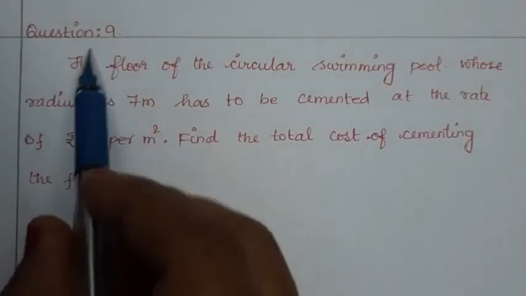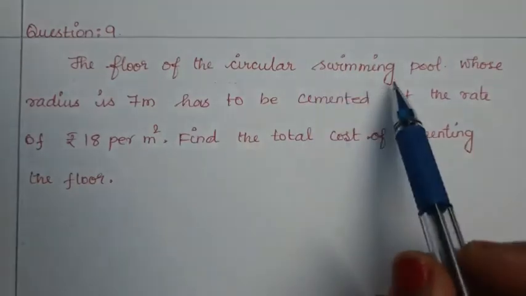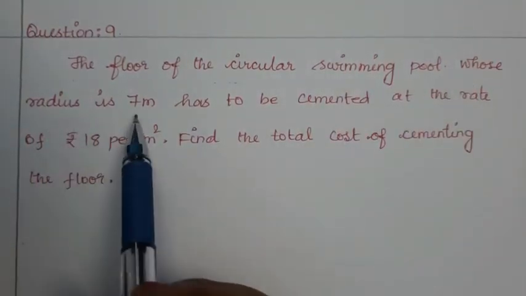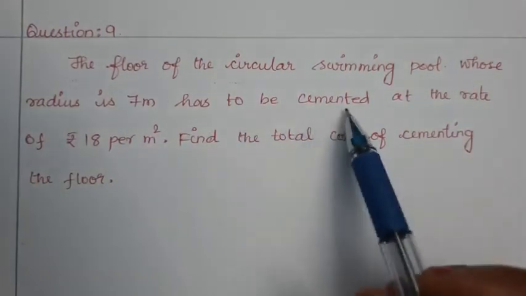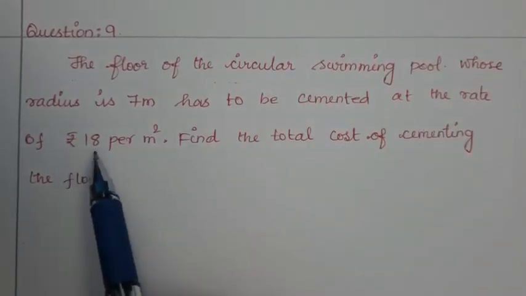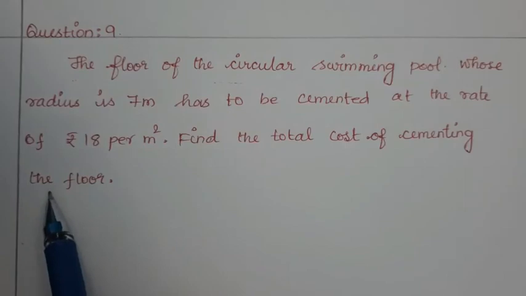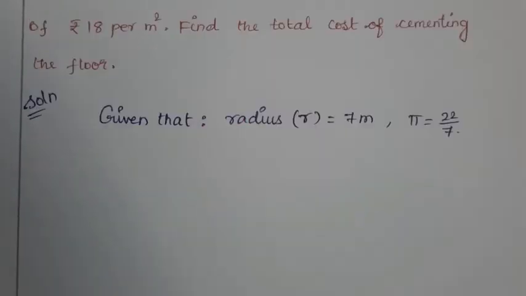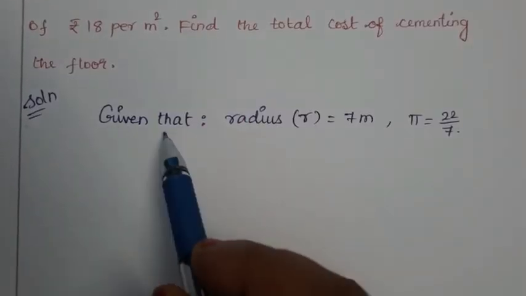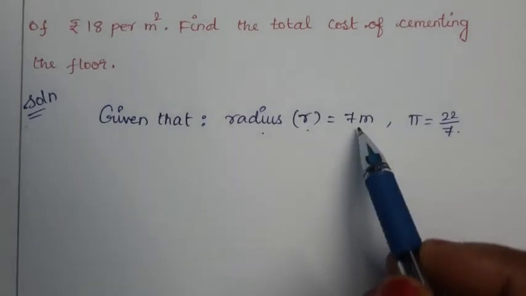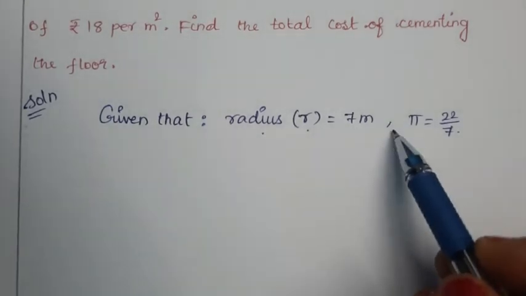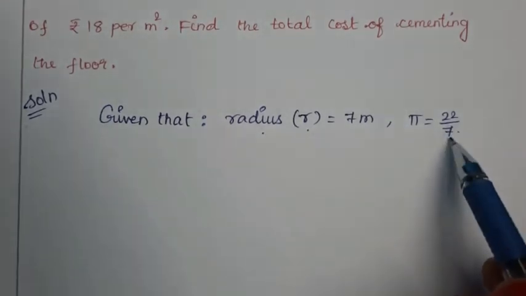Next, question number 9. The floor of the circular swimming pool, whose radius is 7 meter, has to be cemented at the rate of rupees 18 per meter squared. Find the total cost of cementing the floor. Here radius r is equal to 7 meter and the value of pi is equal to 22 by 7.